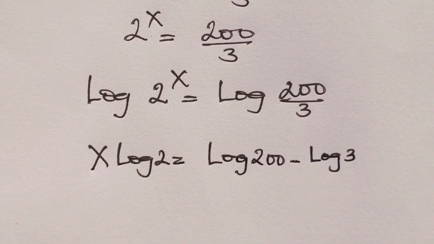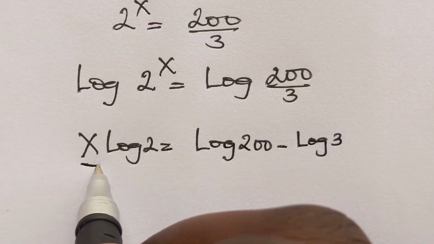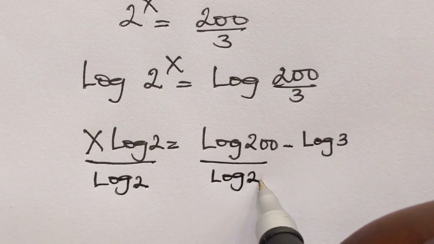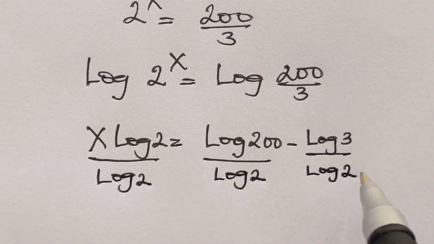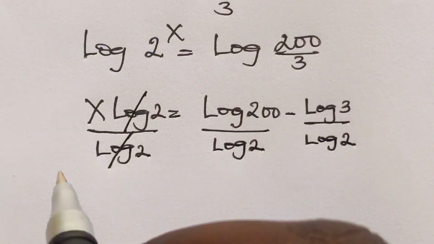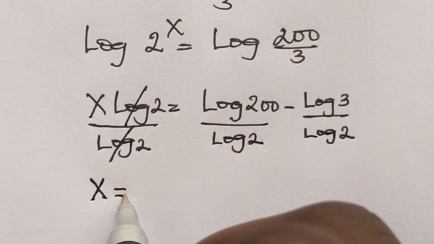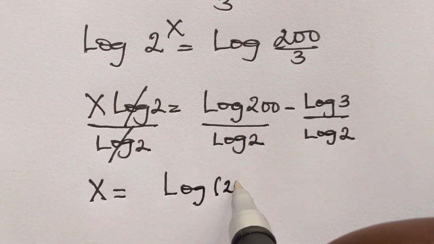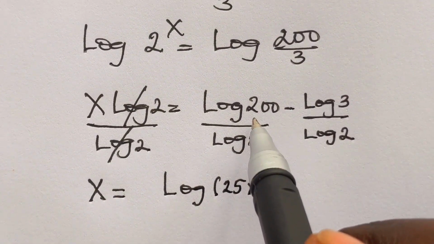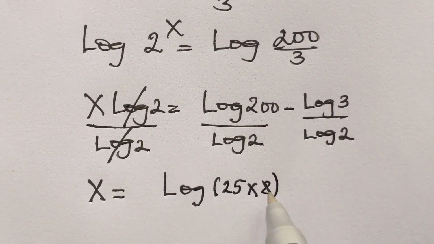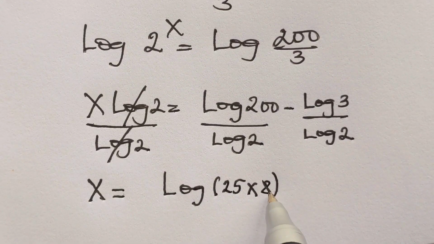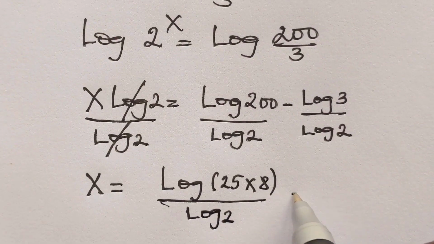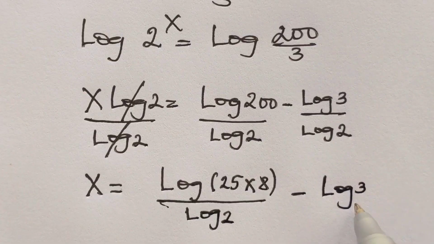We shall divide by logarithm of 2 on each term, and cancelling them, we get x equals logarithm of 200, which can be written as 25 times 8, over logarithm of 2, then minus logarithm of 3 to the base 2.